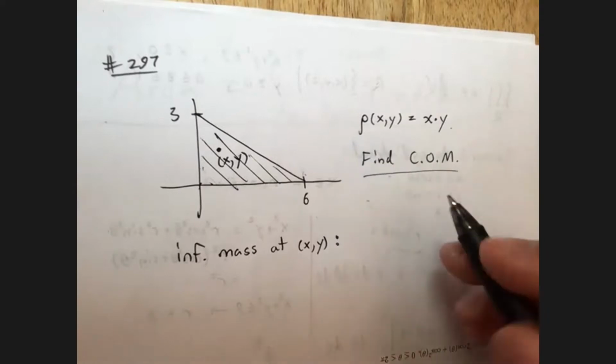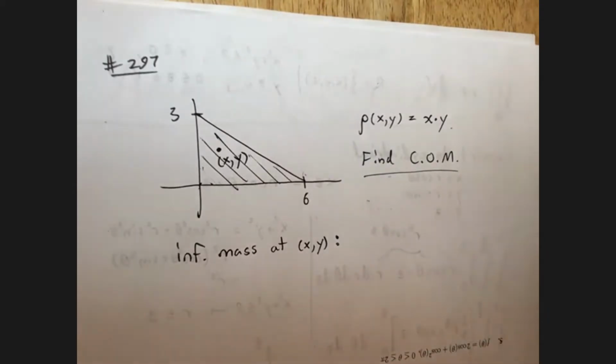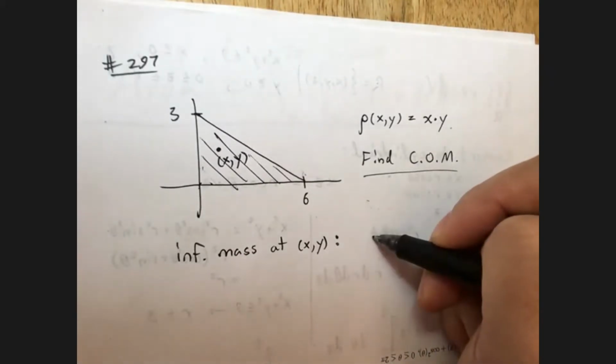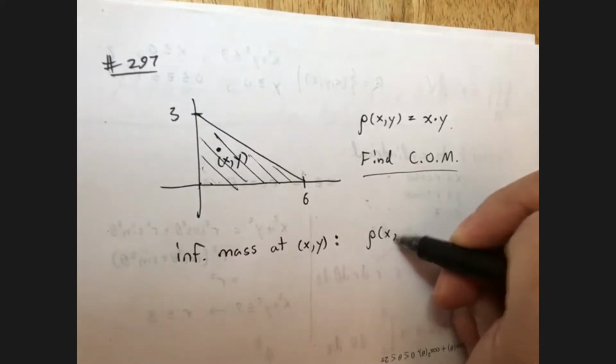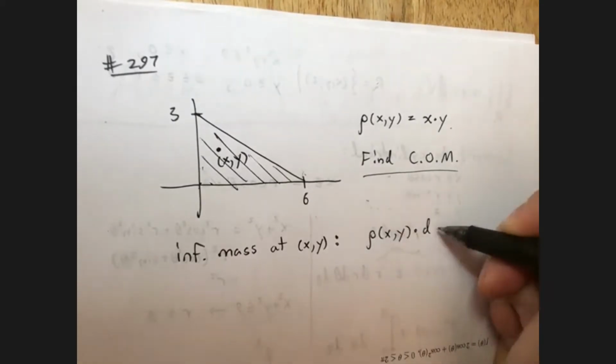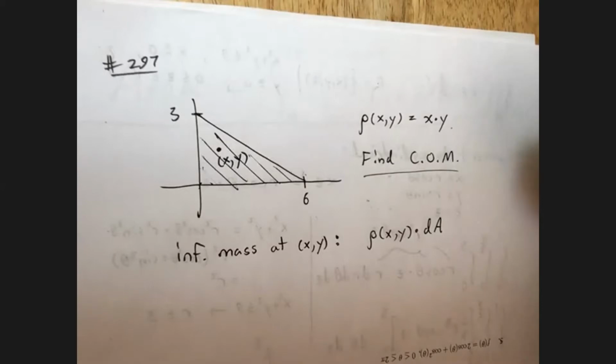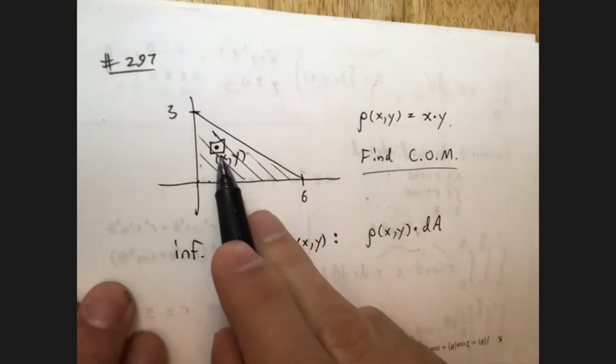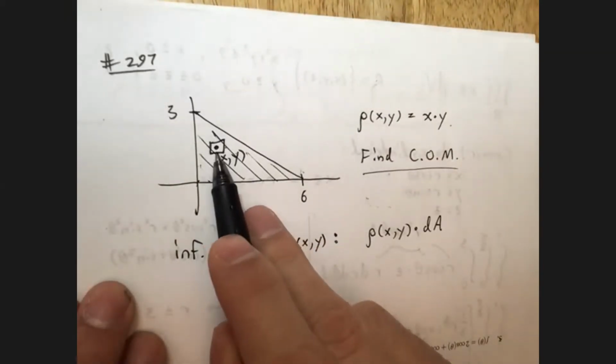Two-dimensional density. So if I want to get back to mass, I'll multiply the density times area. So the infinitesimal mass is going to be the density at the point multiplied by dA. Instead of dx, the two-dimensional version is dA. So we're imagining multiplying the density times a little chunk of area.